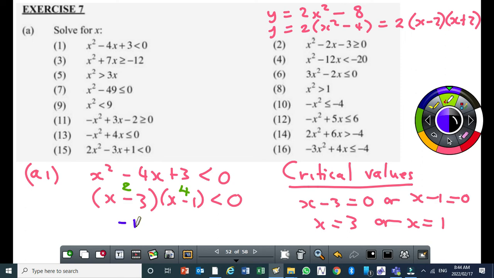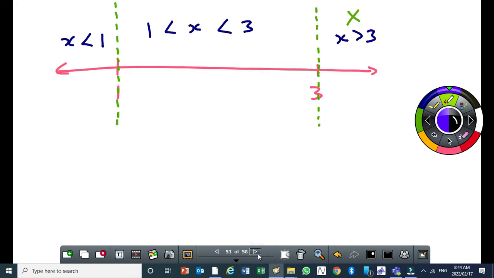Then 2 minus 1 gives us 1. Please take note, this is a number line method which involves some trial and error. Minus 1 times 1 gives us a negative 1. Is negative 1 less than 0? Yes. What this means is this interval here is going to be a solution for that quadratic inequality.